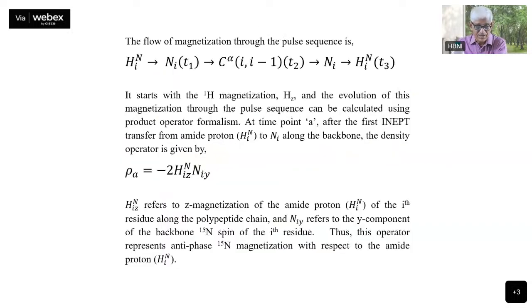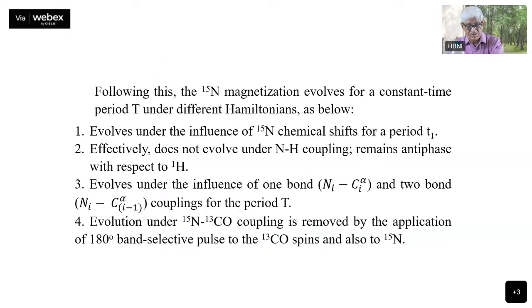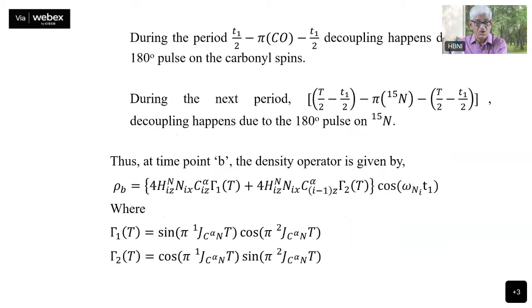So the nitrogen carbonyl coupling is removed by the application of the 180 band selective pulse to the carbonyl spins and also to the nitrogen. During the period T1 by 2, pi CO, T1 by 2, decoupling happens due to the 180 pulse on the carbonyl spins. That is why I explained to you earlier.